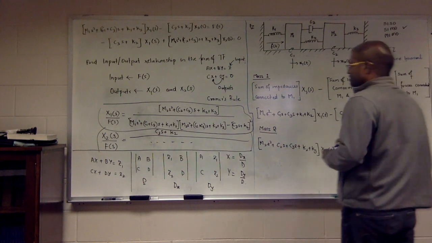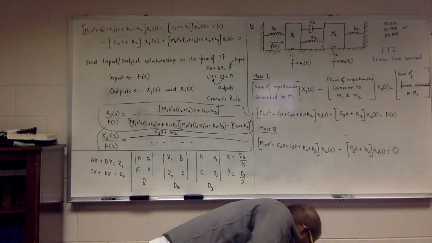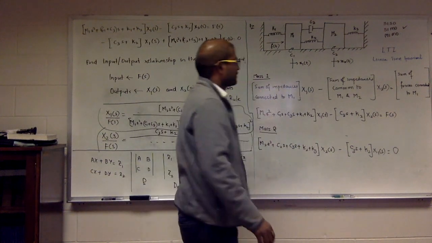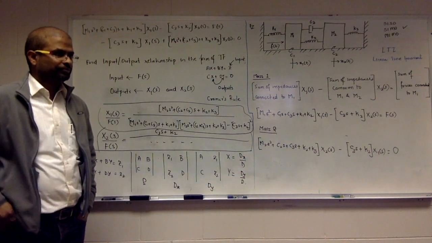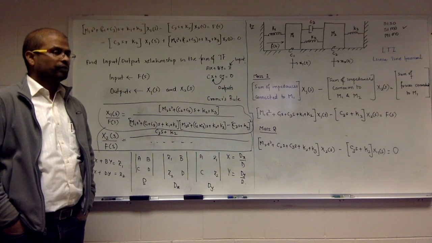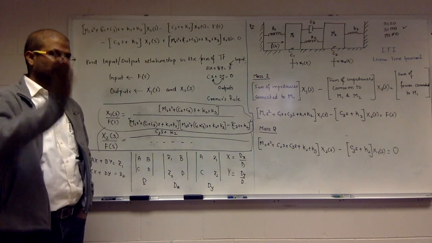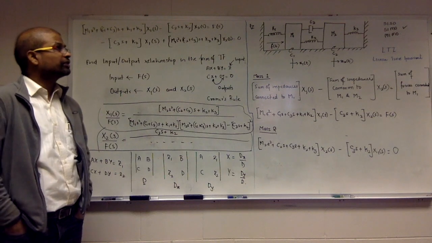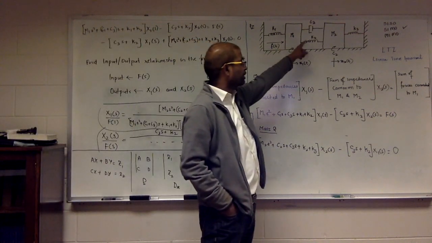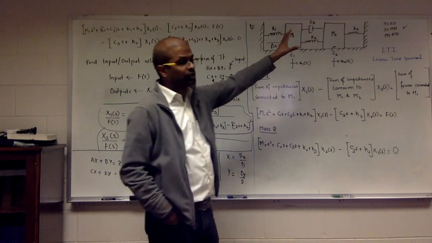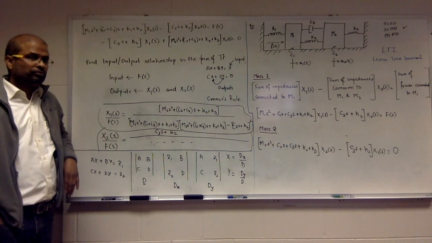Linear means the input-output relationship is linear. If you plot input versus output, what you're going to get is a linear plot. Time invariant means these properties, K1, M1, K2, K3, all those properties of the system, don't change with respect to time.